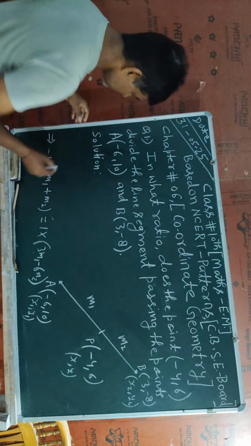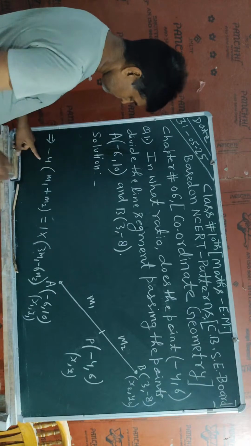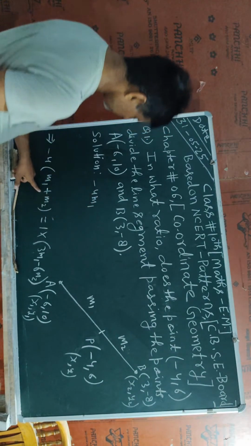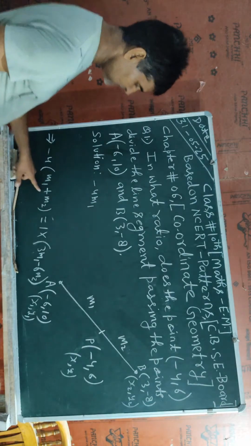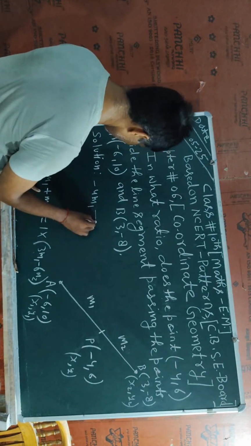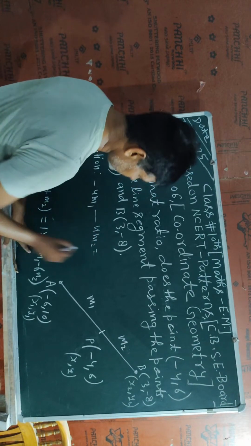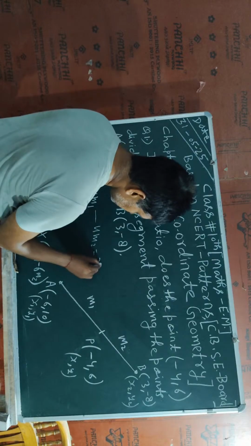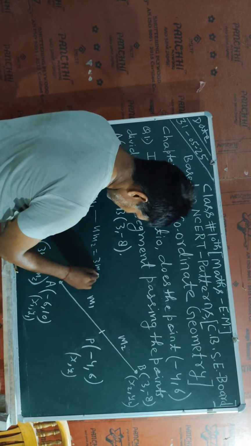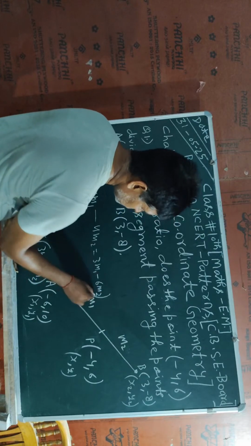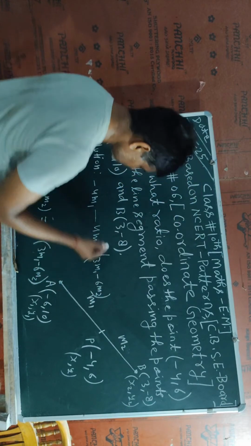So after multiplication I will write minus 4 into m1, so minus 4m1, and here is minus and here is plus, so this multiplication will be minus 4m2, which is equal to 3m1 and minus 6m2. Okay, so after multiplication I have written.